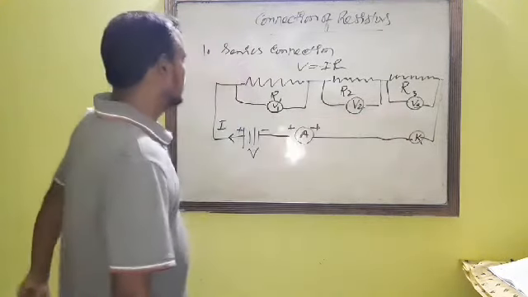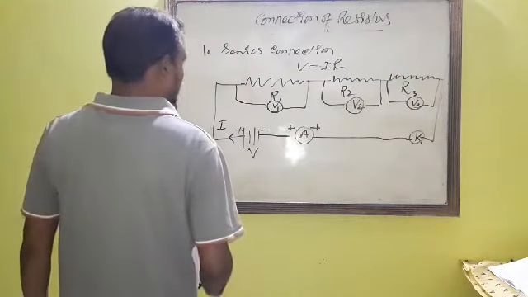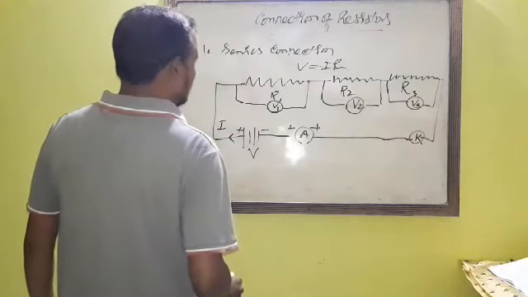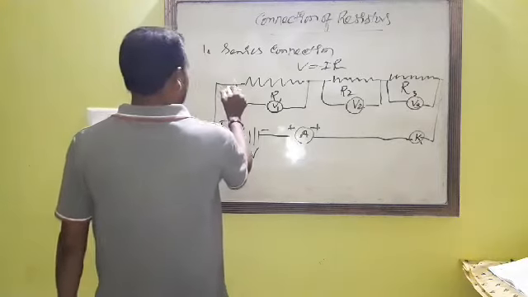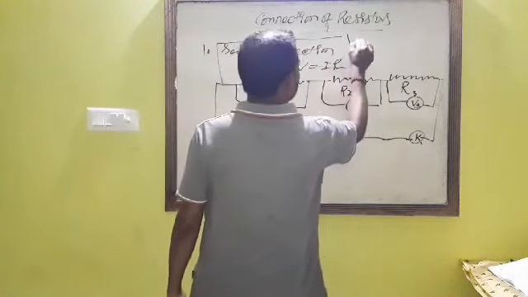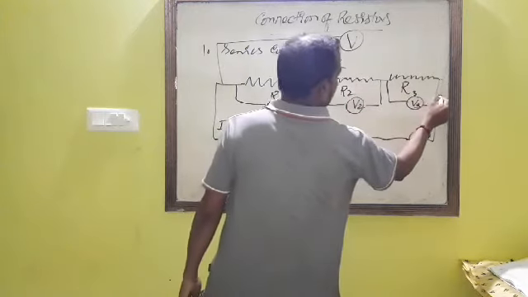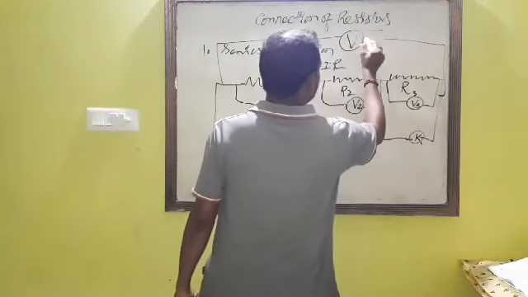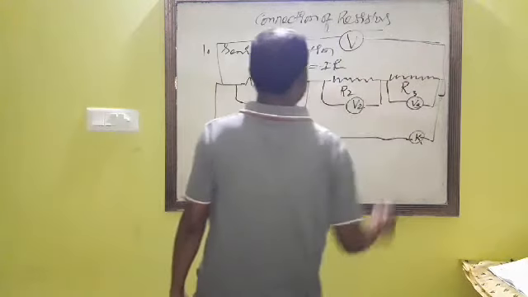Got it? So if you connect a common voltmeter between the two terminals, between these two points, it measures V, which is known as the equivalent voltage or potential difference.